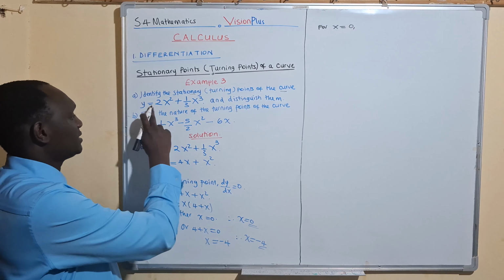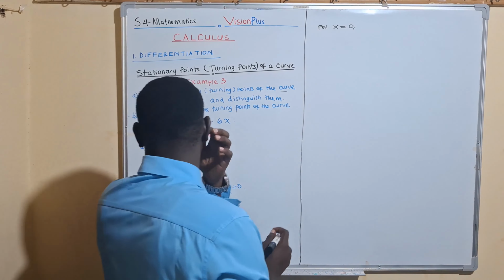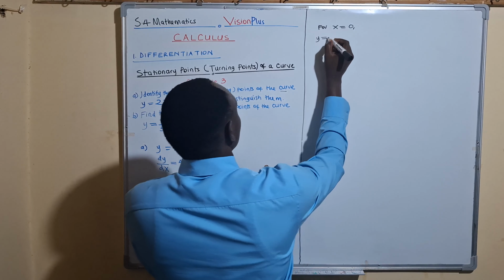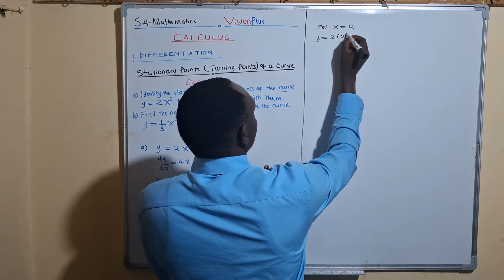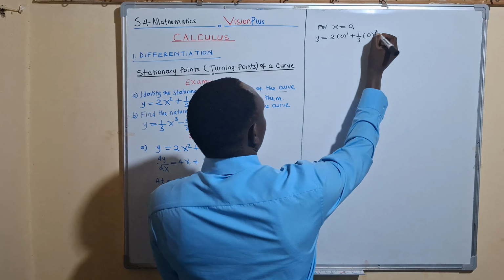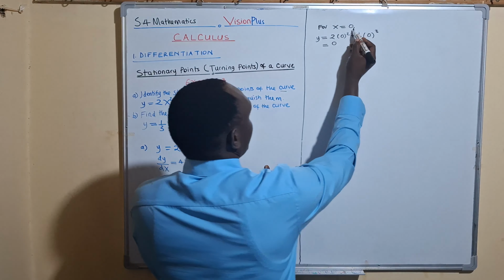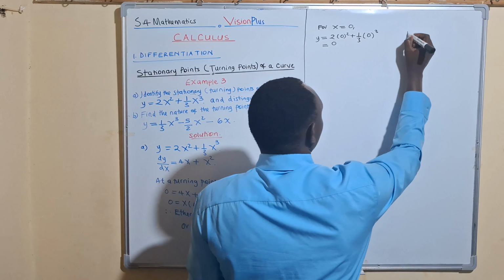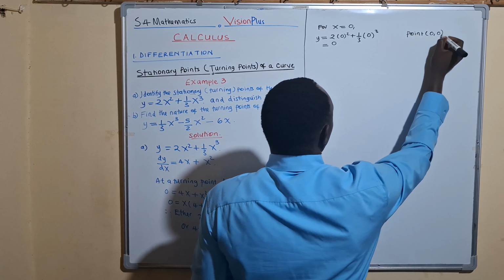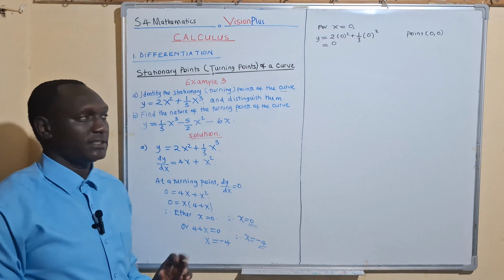So we use the equation of the curve and substitute for x. y equals 2 times 0 squared plus a third times 0 cubed, which gives 0. So if x is 0, y is 0. That means the point (0, 0) is a turning point.